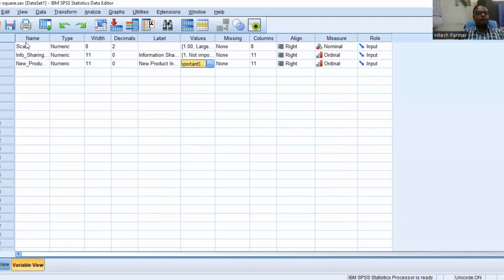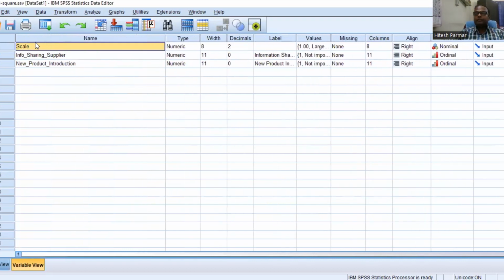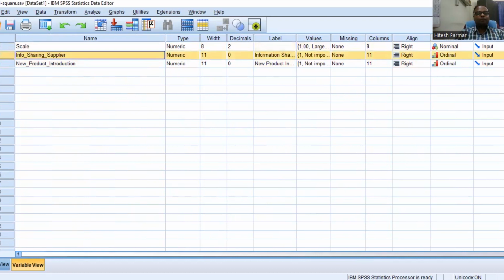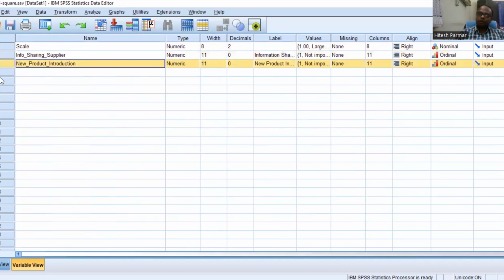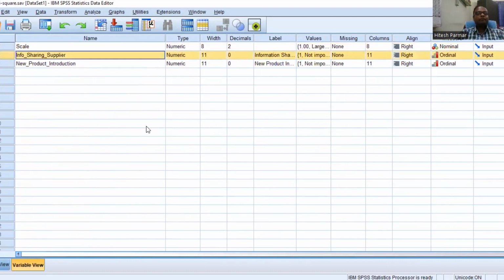New product introduction also runs from not important to very important, a 5-point scale. So what is our objective here? Our objective is to study the association between these variables. One chi-square test can be applied to scale and information sharing with supplier, and a second chi-square test to scale and new product introduction. You can do them one by one or simultaneously. If we pick scale and information sharing with supplier, what should the null hypothesis be?